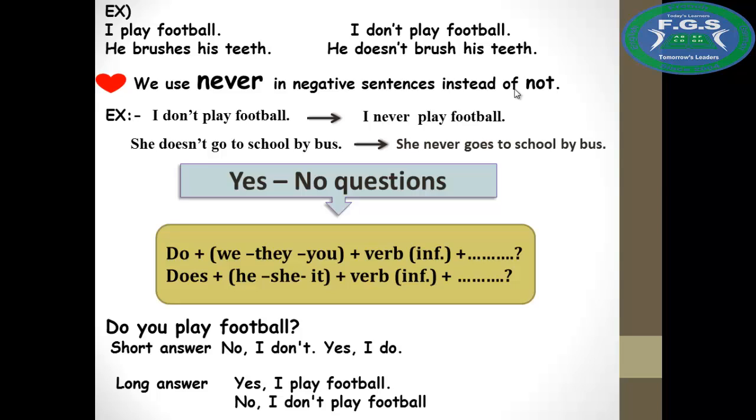So let's study this example. Do you play football? In short answer, you can say no, I don't, or yes, I do. In long answer, you can say yes, I play football, or no, I don't play football.